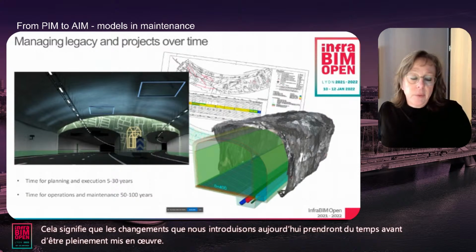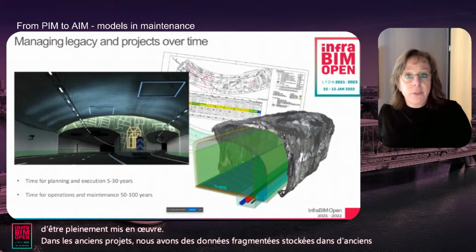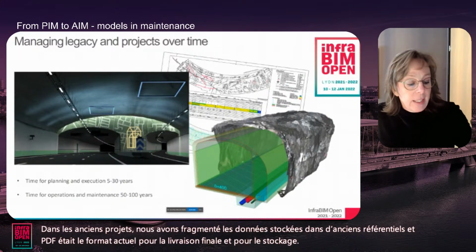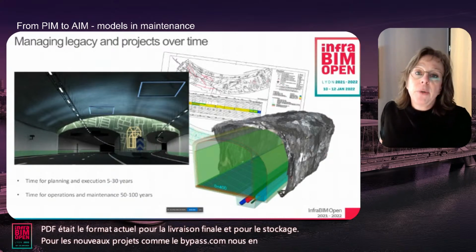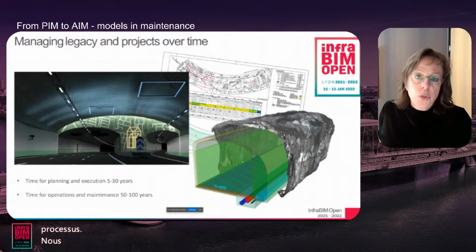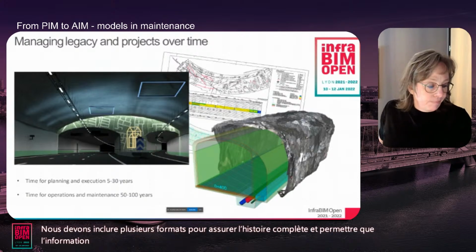In the old projects, we have fragmented data stored in old repositories, and PDF was the common format for both the final delivery and for storage. For new projects like the Bypass Stockholm, we include more data and change our processes. We have to include multiple formats to ensure the full story and to enable the information to be used for different purposes.